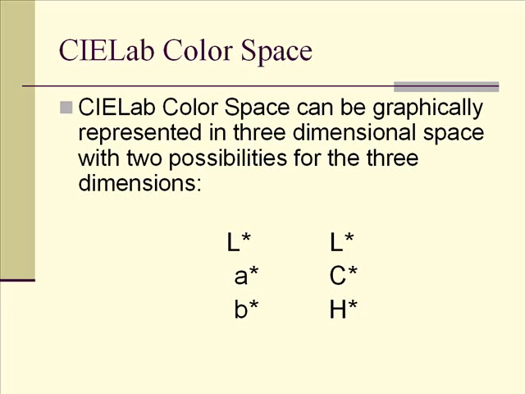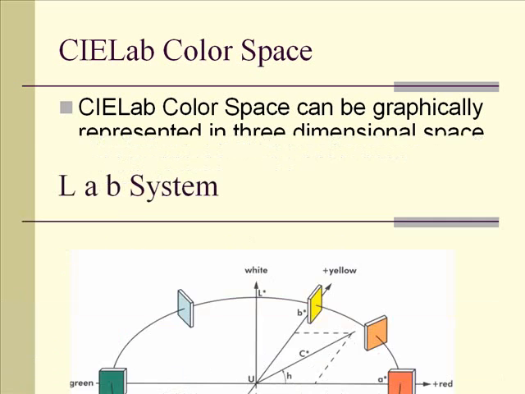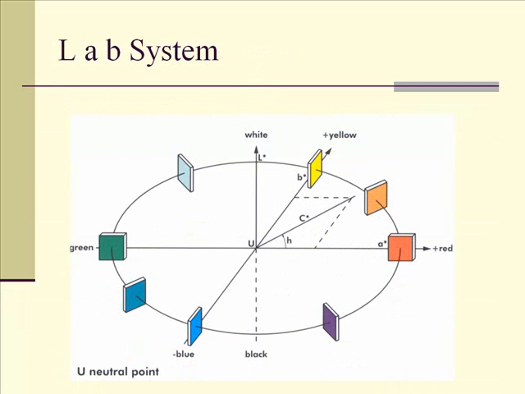Okay, so here's a picture of what that might look like using colors. We see that the center there is the center of our diagram, white and black. That axis goes through it. Think of the plane we're looking at as A and B. Lightness and darkness comes out of that plane.